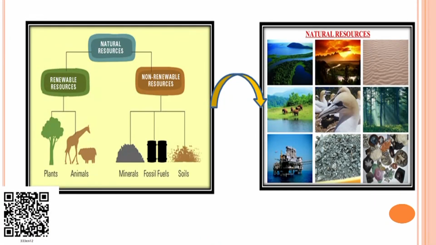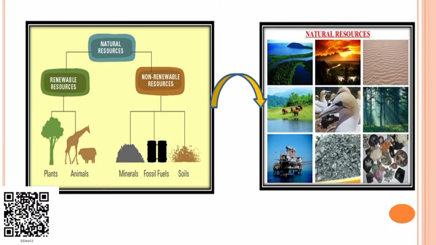Renewable resources are those that are constantly available, like water or air, or can be replaced. These resources can be reasonably replaced or recovered. Examples: soil, air, water, plants and animals are also renewable resources as they produce offspring to replace adult animals.